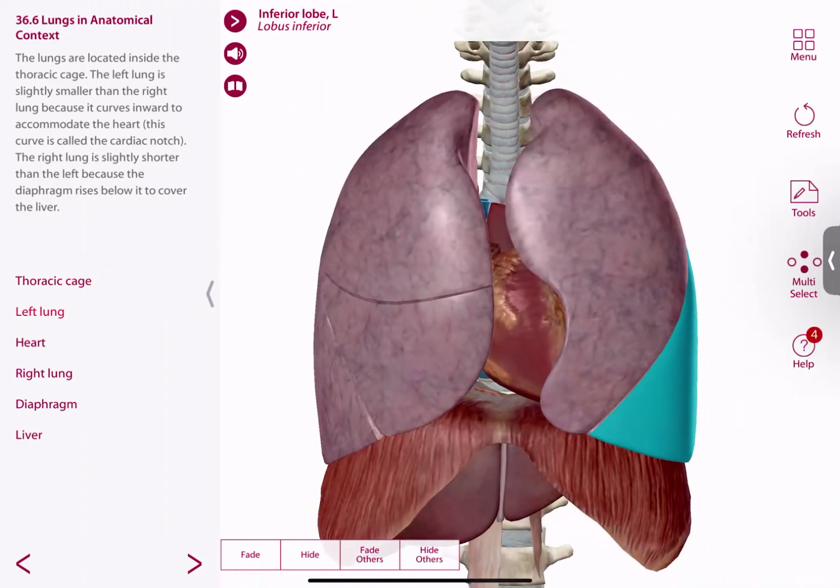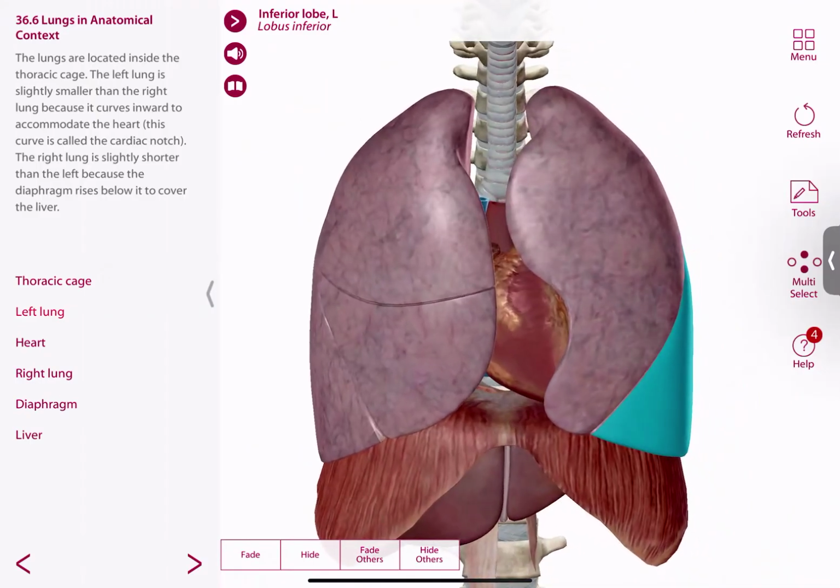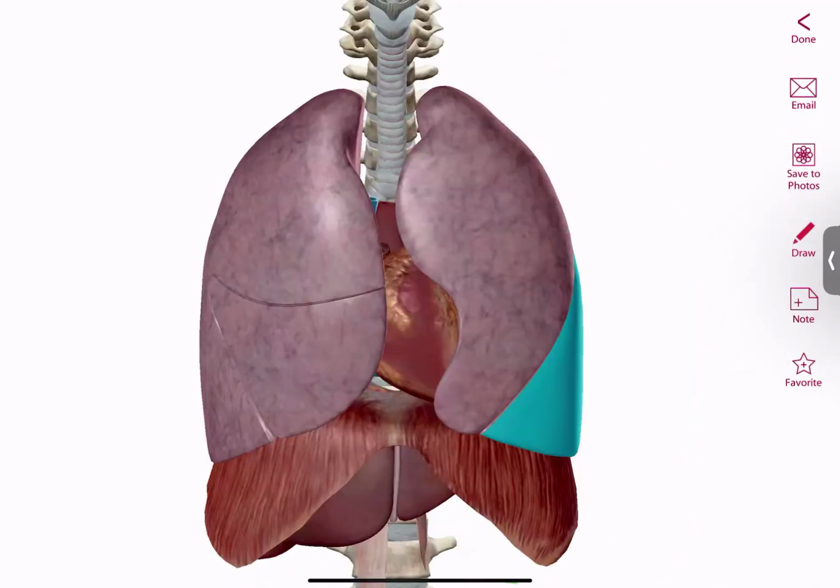And you can see clearly that it shows a cardiac notch. If I have to highlight the cardiac notch, I'll just draw a green line here to indicate it. So the heart lies in between the two lungs and it projects towards the left lung by about 3 inches.